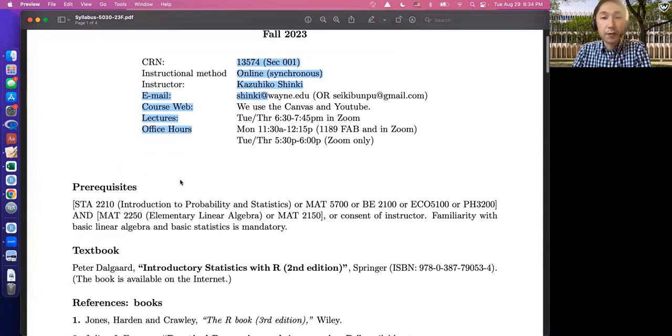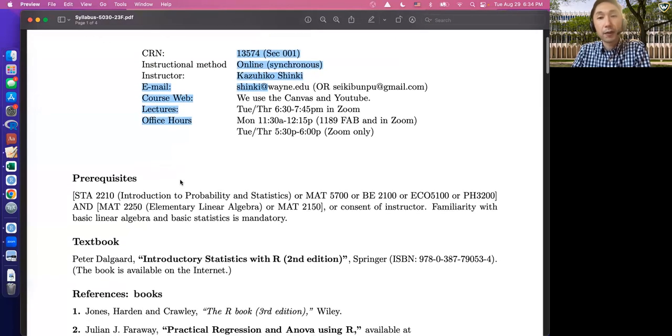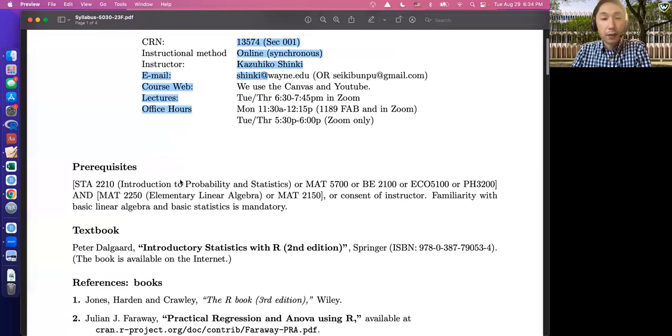The lecture is Tuesday and Thursday, 6:30 to 7:45. Hopefully I will have some exercises during lecture. The course was designed when the lecture time was longer than now, so it's a bit of a hassle to include the exercises, but this year I will try to shorten my lecture time to give more time for exercises.